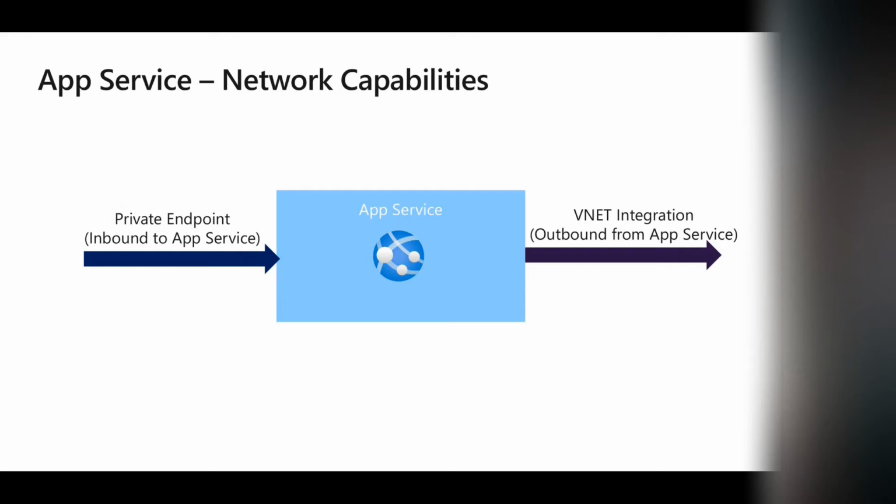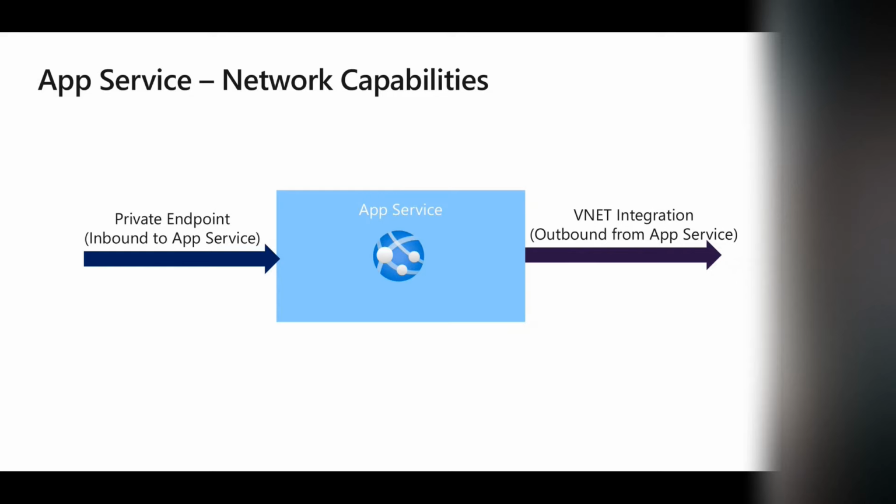And just keep in mind, at that moment, your app service is not accessible over public internet. By the way, this capability has nothing to do with app service's ability to access resources on the back end, inside or outside the VNet.